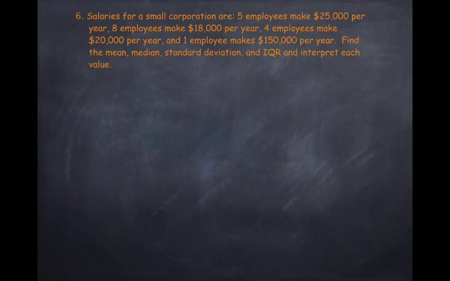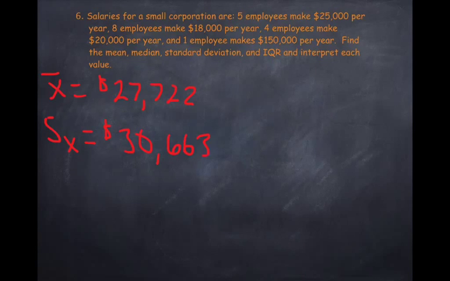And so what we found was X bar was equal to 27,722. Here Sx is equal to 30,663. Our median is equal to 20,000.